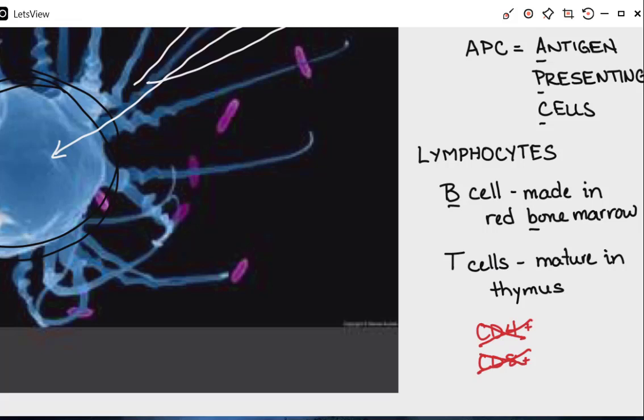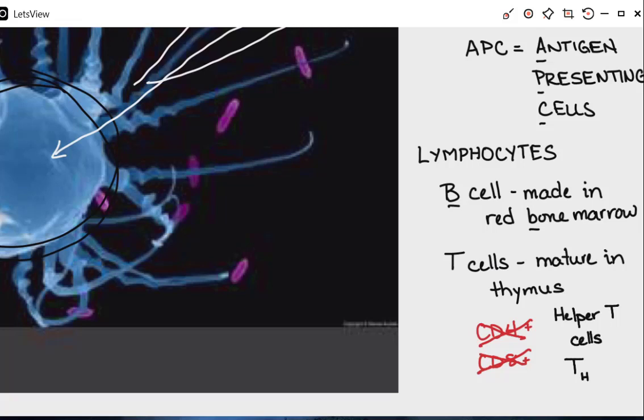Instead, we're going to classify T cells based on their function. And while there are more subcategories than I'm listing here, the two major subcategories that are appropriate for our level of immunology are called helper T cells and cytotoxic T cells. So helper T cells get the abbreviation T with a subscript H. Interestingly enough, helper T cells are most often CD4 positive.